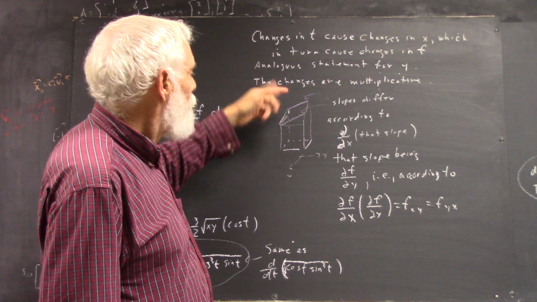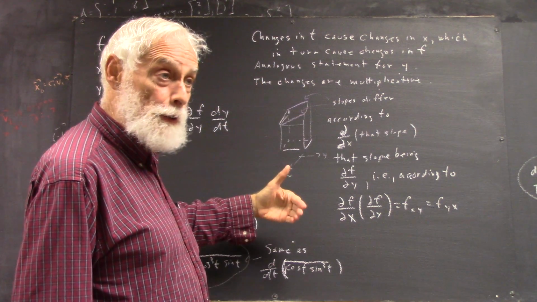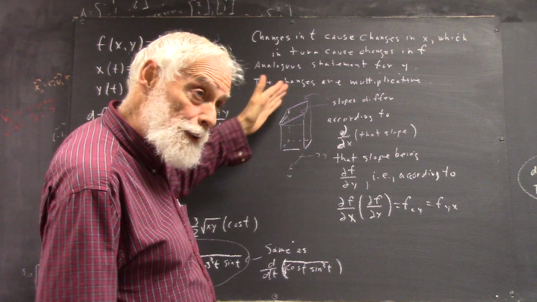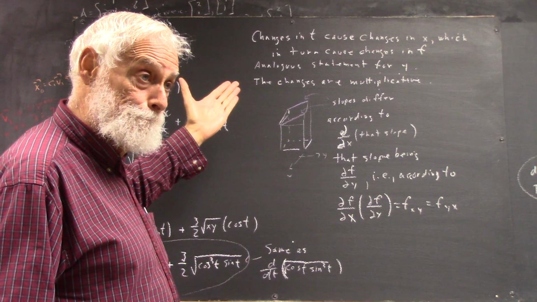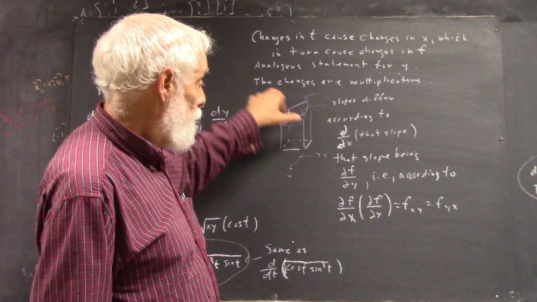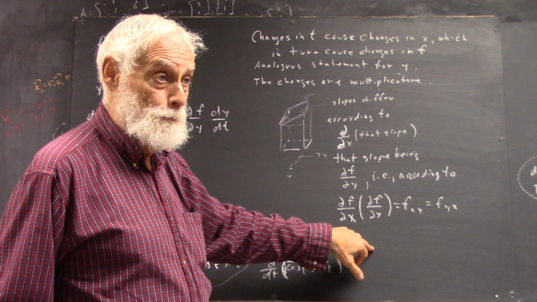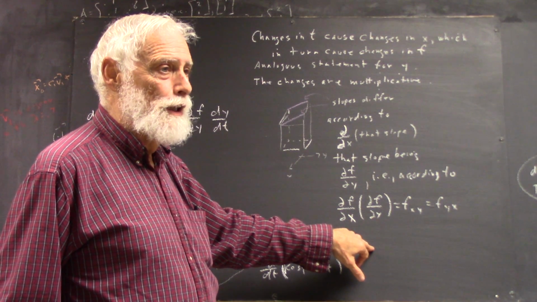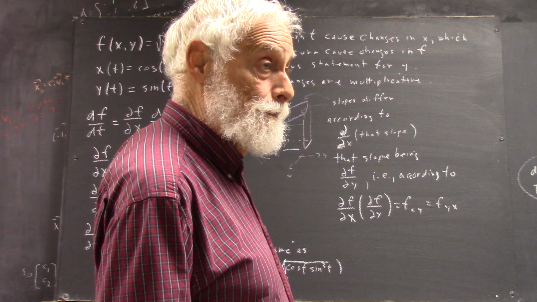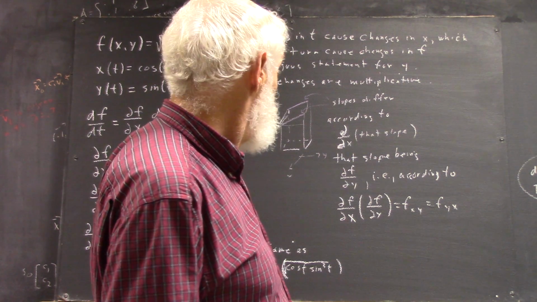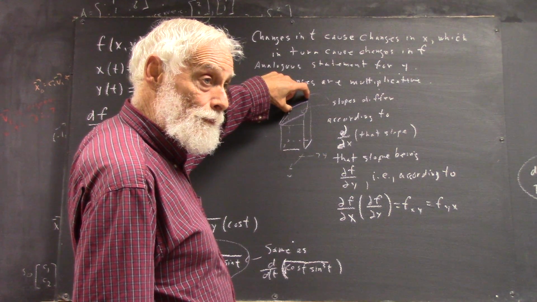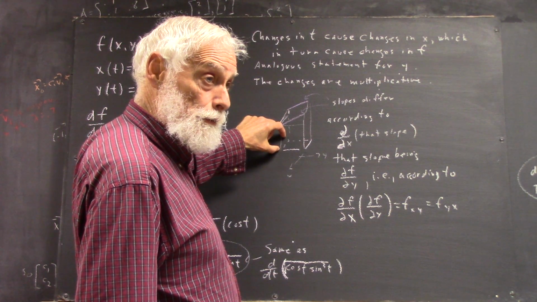Because again, you're looking at a slope that's a partial with respect to y, and you're looking at how that changes with respect to x, right? So it makes a certain amount of intuitive sense, and as I say, this is a really important picture. It underlies some of the toughest stuff we do. What does this represent in our picture? It represents how much these slopes differ divided by your x interval.